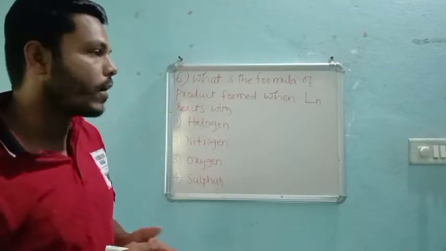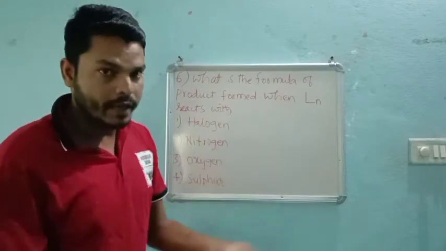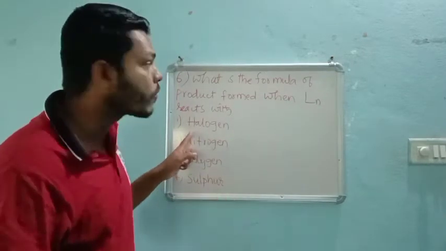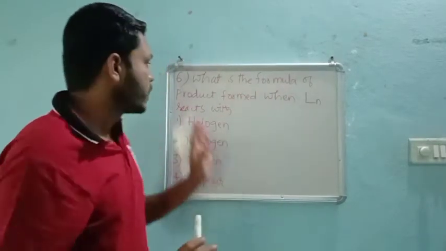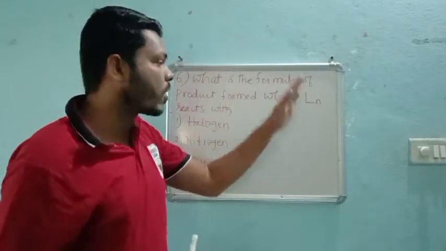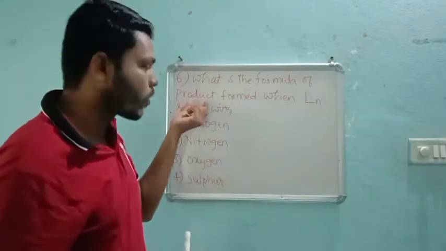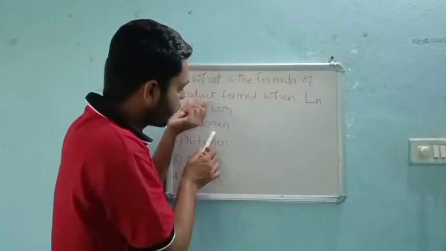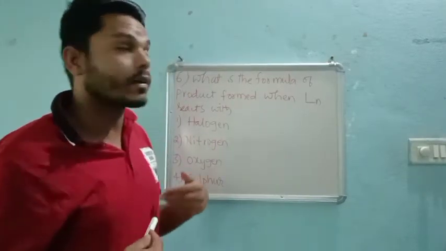So what they have asked is, directly, when lanthanide reacts with halogen, what will be the formula of the product?